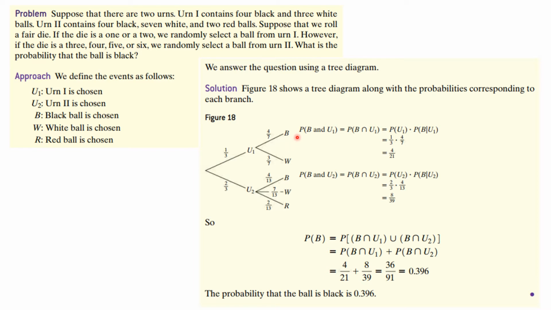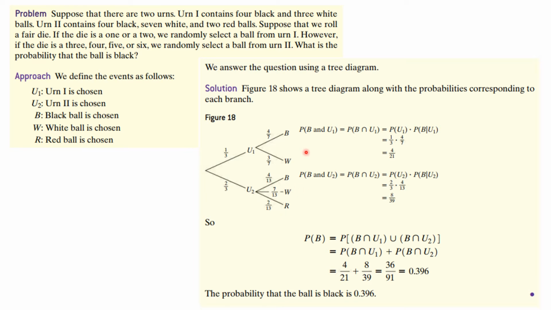So here you have 4 black and 3 white in urn 1, so that means the probability of drawing a black from there is 4 out of 7. The probability of drawing a white out of there is 3 out of 7. Here you have 4 black, 7 white, and 2 red from the 13 balls, and so the probabilities of getting black, white, and red are these.